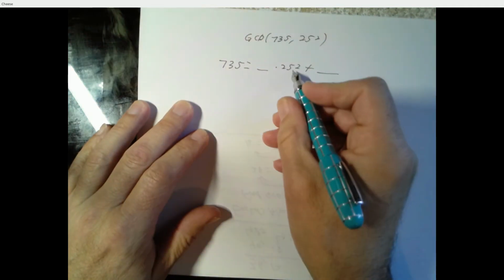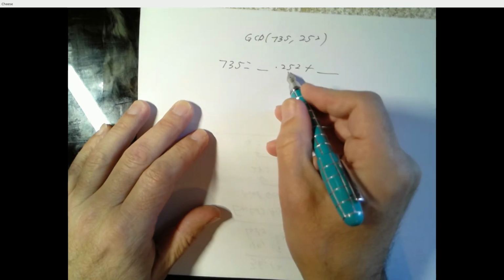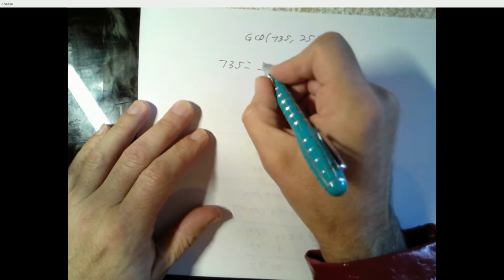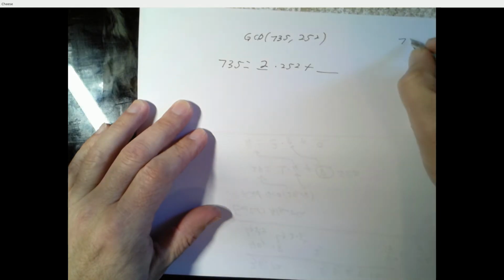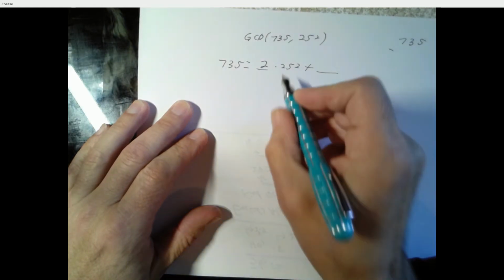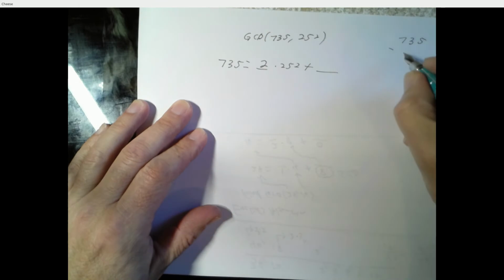Well, I'm pretty sure 252 goes in twice. It's not going to go in 3 times because that would be 756. So it's 2 times 252 plus something. So let's just put a little worksheet over here. 735 minus 2 times 252 is 504. So this leaves us with 231.